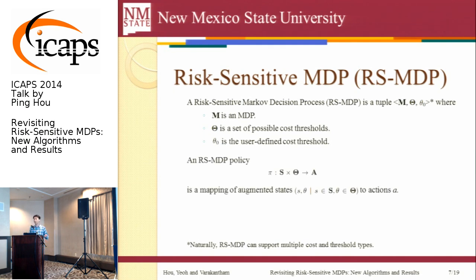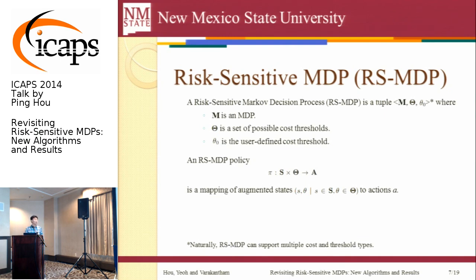Instead of the original policy, which is a mapping from state to action, for this kind of situation, as we showed in the above example, the choice for the agent not only depends on the state, but also on how much resource they hold, so also on the cost threshold.